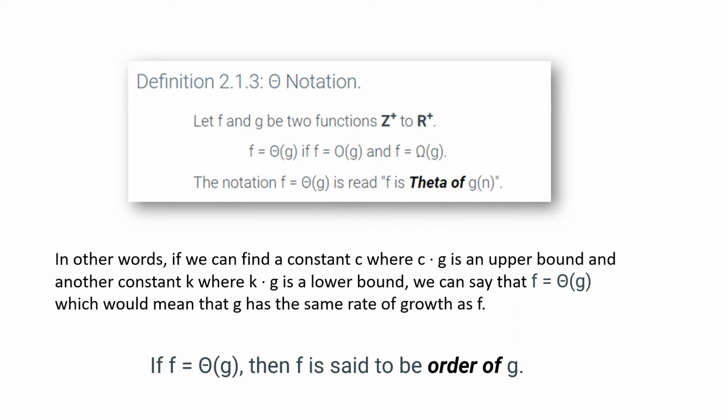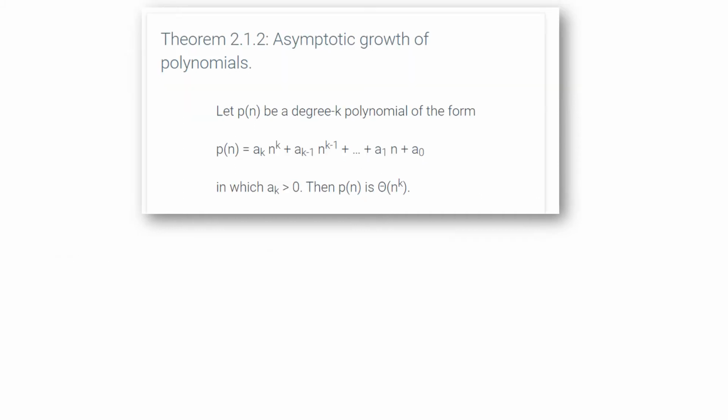And if we have f being theta of g, then we would say that f is said to be the order of g. So f is of the order g. Now, if you remember what we've just talked about, we've already been shown that a polynomial of degree k is O of n to the k.